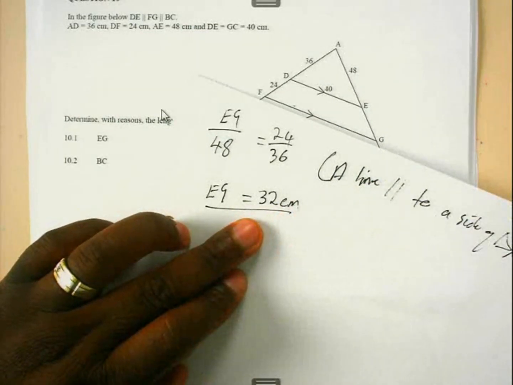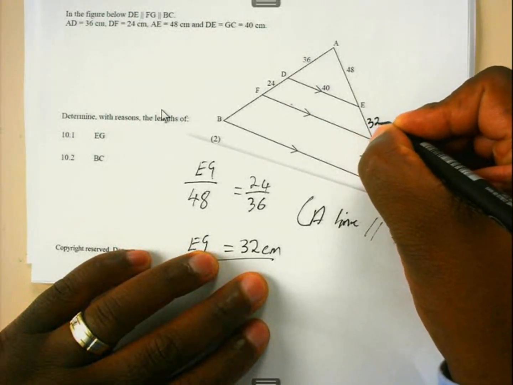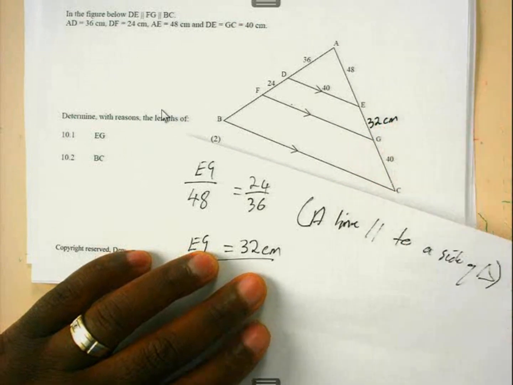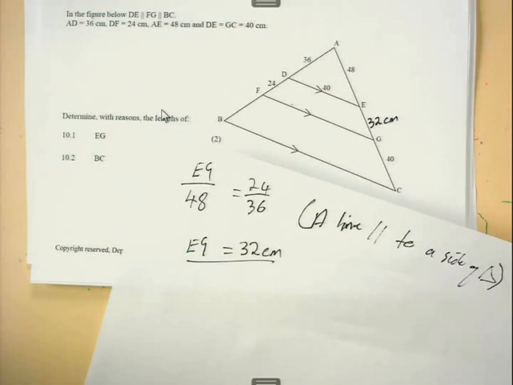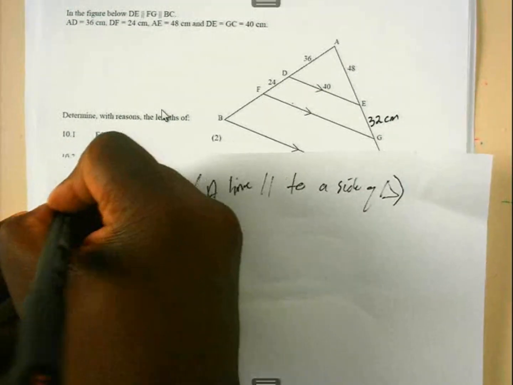Now we go to the diagram: EG is equal to 32 centimeters. It is very important to always indicate the given information on the diagram. Happy with 10.1?